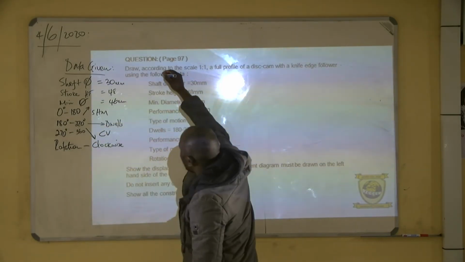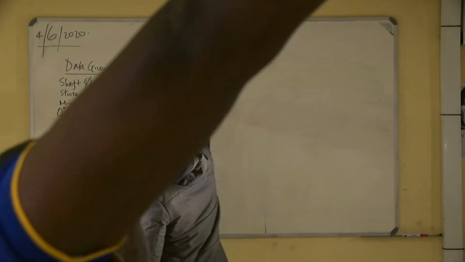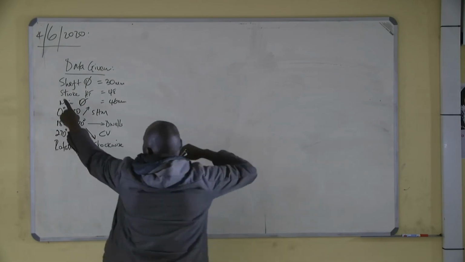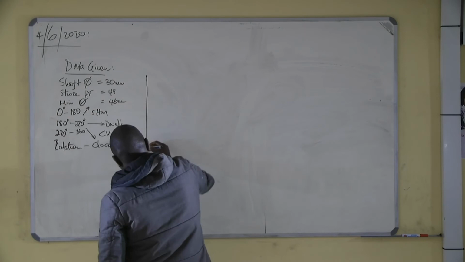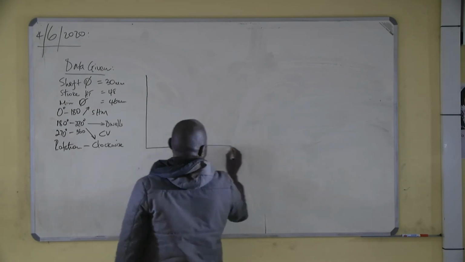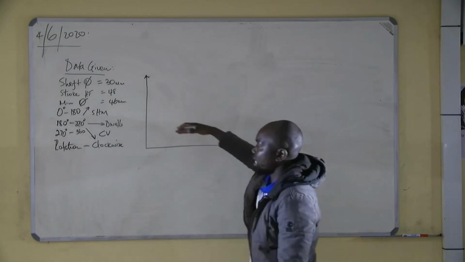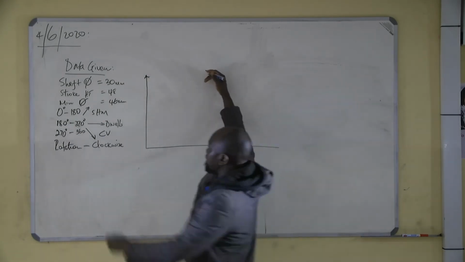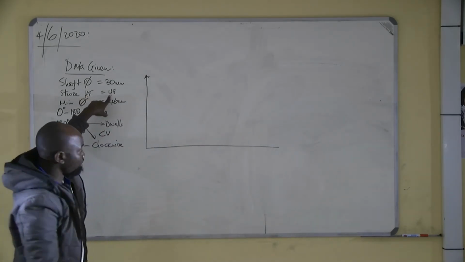So we will start with the displacement diagram. That is our stroke height, which is 48. Like we said from the start, we divide this height by 6, so we can have 6 divisions. 48 divided by 6 gives us 8.